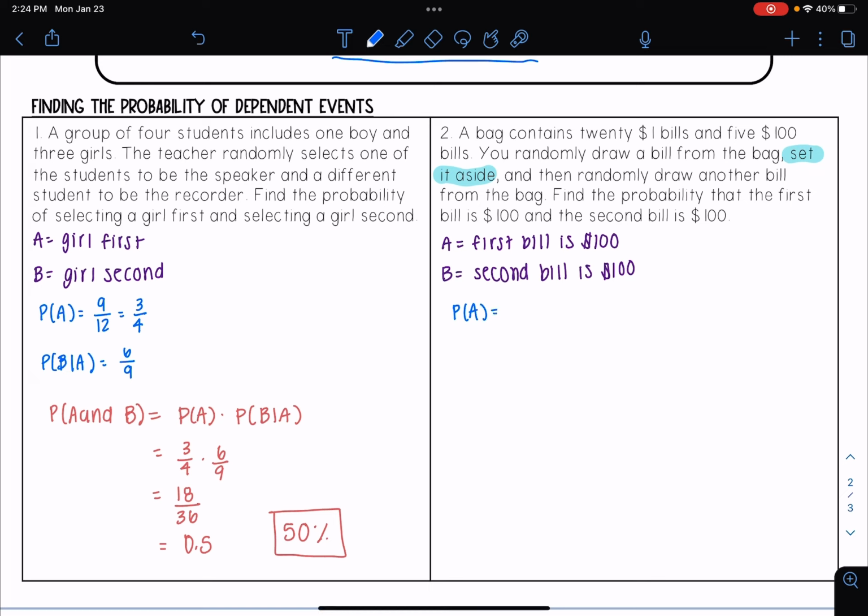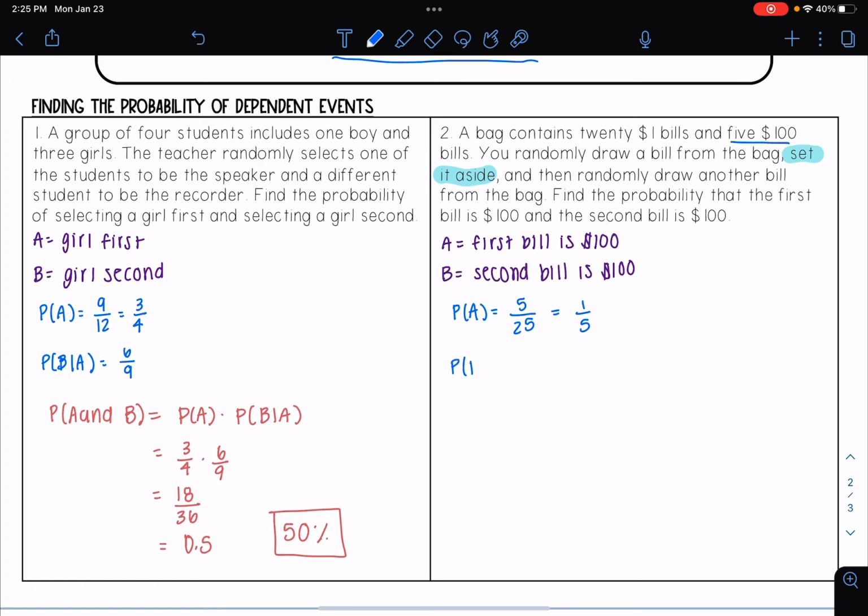The bag contains 5 $100 bills, so I have 5 on top, over the total number of outcomes. We have 20 $1 bills and 5 $100 bills, so the total number of bills is 25, which if you reduce that is equal to 1/5.